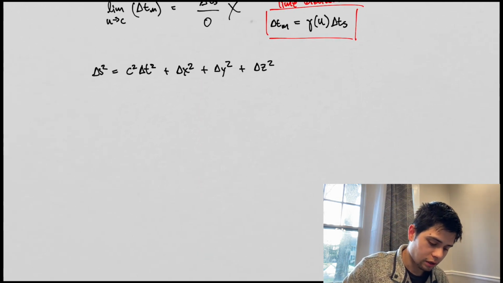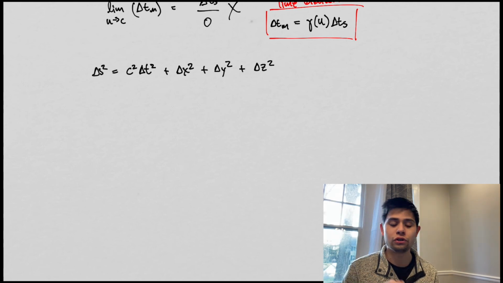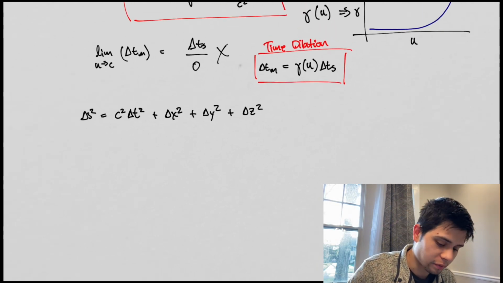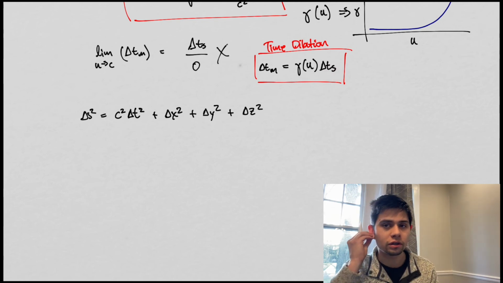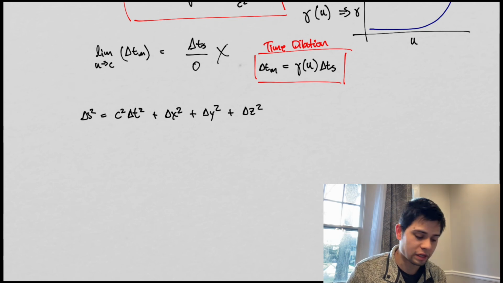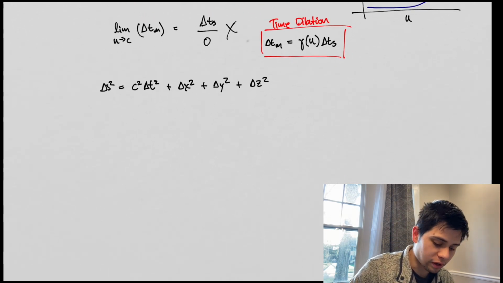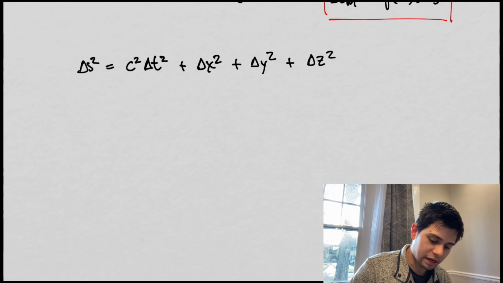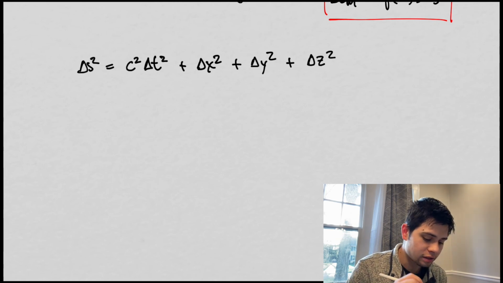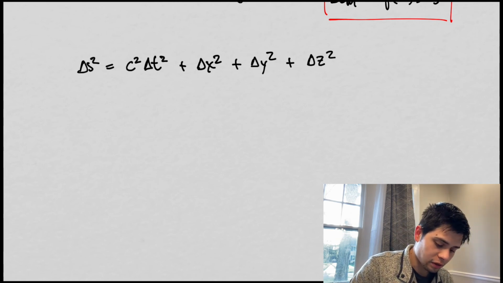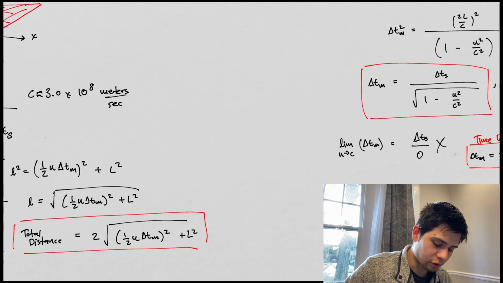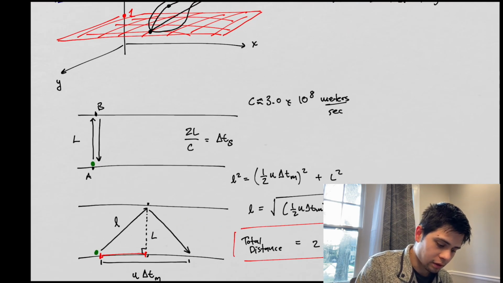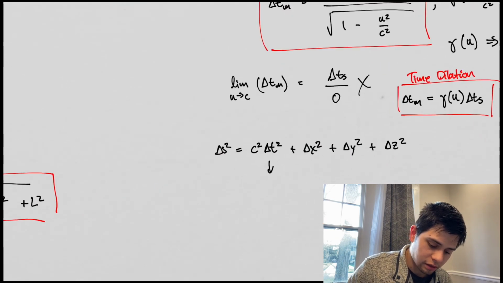In order to do that, we have to use this new time dilation formula that we got right here, because the original still time is not going to cut it for us, and we'll see why. The reason is that if we take the still frame of reference, we replace this with 2L over c.